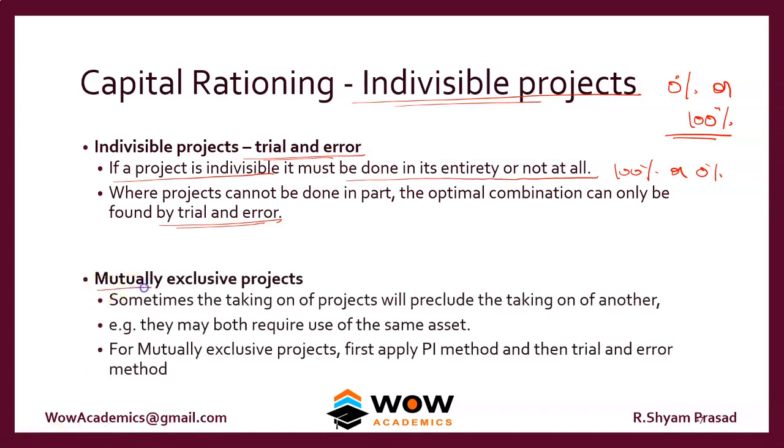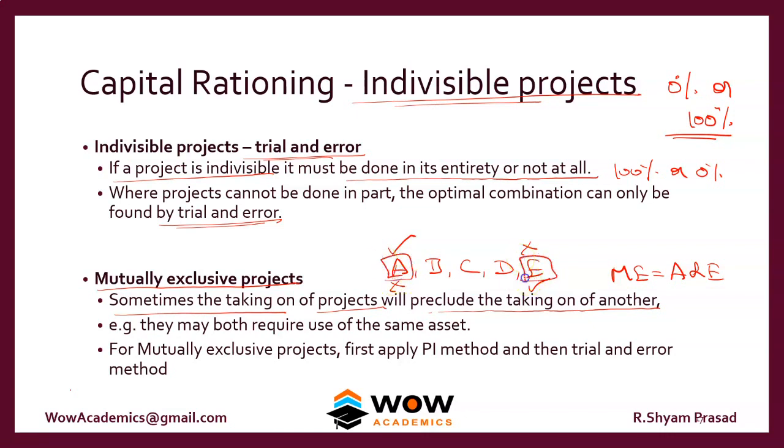There is also something called mutually exclusive projects. Sometimes the taking on of one project will preclude the taking on of another. We'll take an example with 5 projects: A, B, C, D and E. The problem states that there's a mutual exclusivity between A and E. That is, if you select A, you should not select E. If you select E, you should not select A. So either A or E can be selected, but both of them cannot be selected in a particular problem.